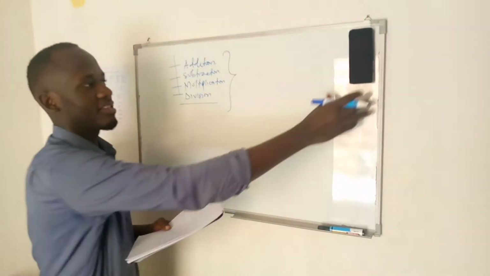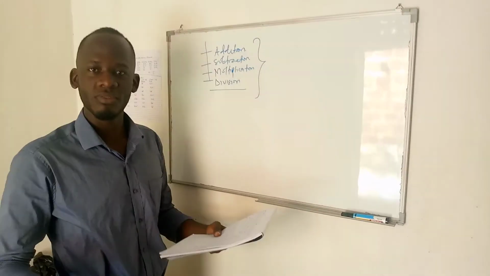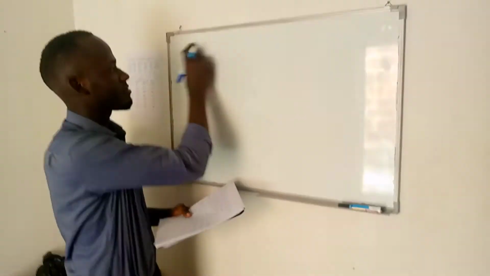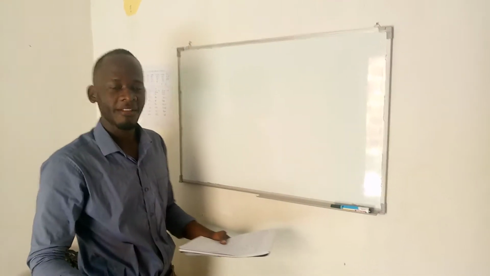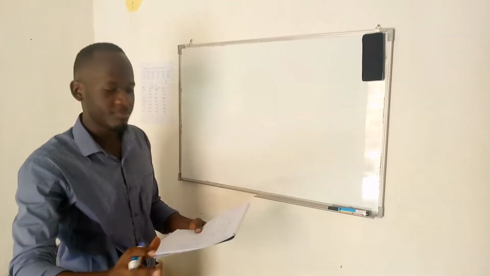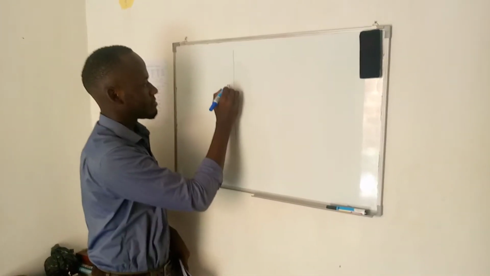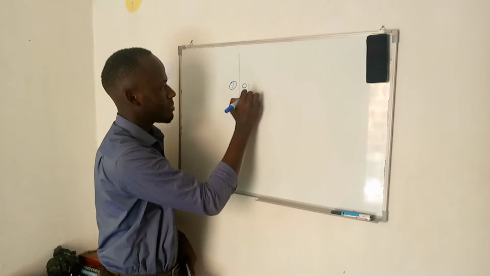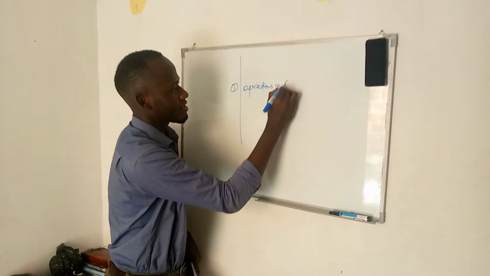For starters, I have a couple of questions. Some of us could have gone through them, or some of us could not have. But today I'll be simplifying everything. Before I start, let me list down what we shall go through. Number one, the operations in functions.